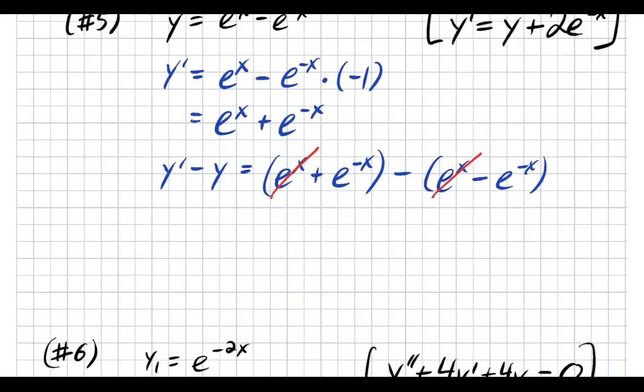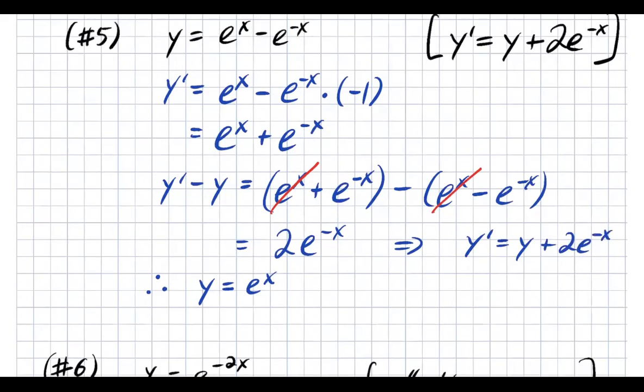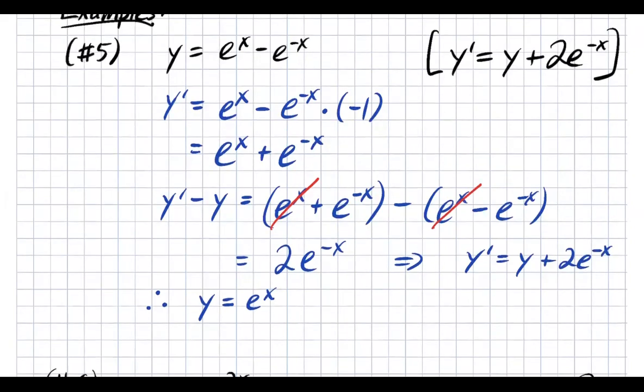And we get 2 e to the negative x. So we have an e to the negative x there, and then minus minus is a plus, so plus another e to the negative x, we get 2e to the negative x. And that allows us to conclude that y prime is equal to y plus 2e to the negative x, which is the differential equation we have up there.